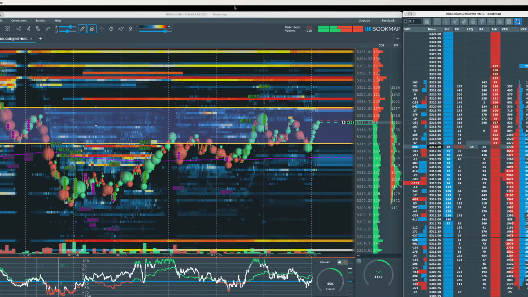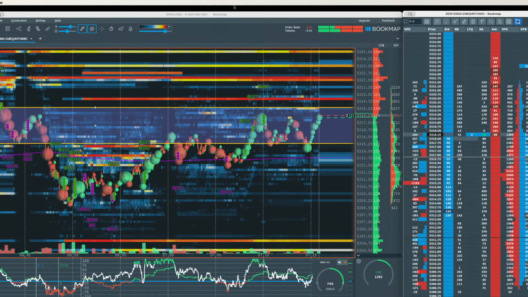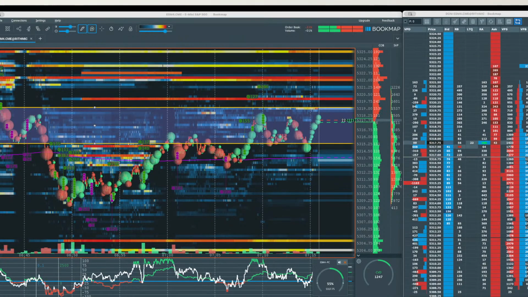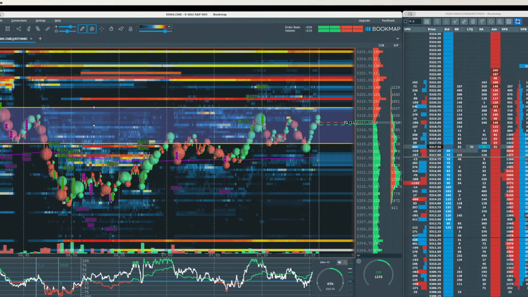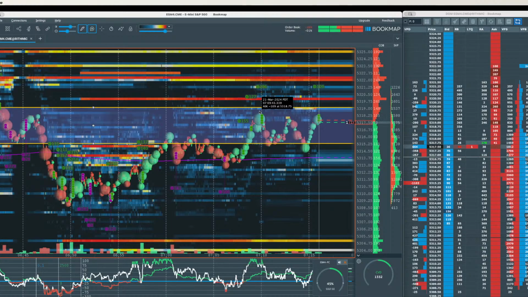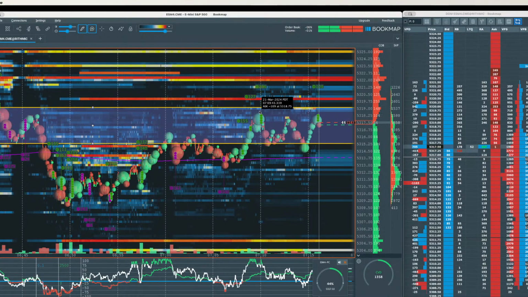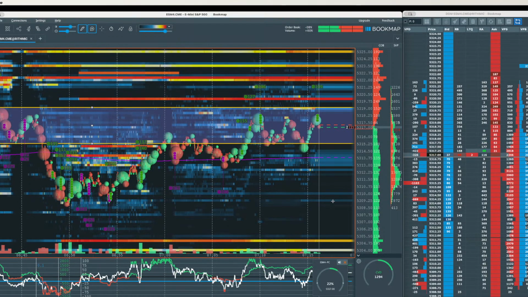But one of the things I've got to work on is not removing my stop loss too early. I notice sometimes I would remove my stop loss, trying not to be wrong a second time, and I end up burning myself because it comes in, hits 5,318.25, and then eventually takes off.